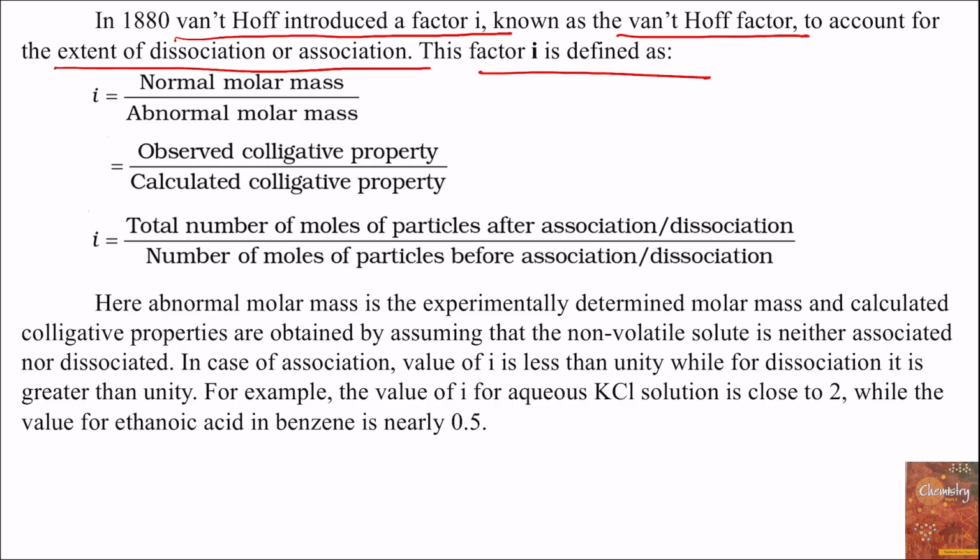This factor i is defined as i is equal to normal molar mass divided by abnormal molar mass, which equals observed colligative property divided by calculated colligative property, which equals the total number of moles of particles after association or dissociation divided by the number of moles of particles before association or dissociation.